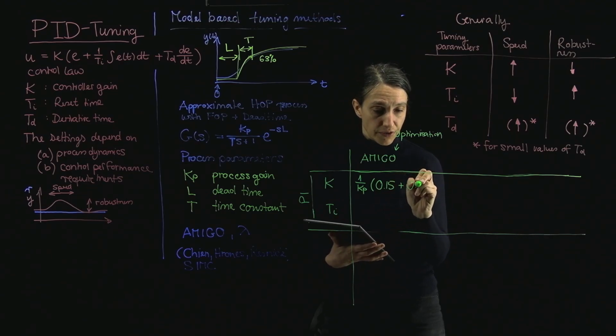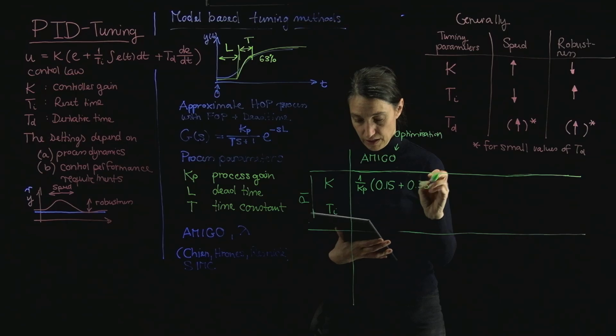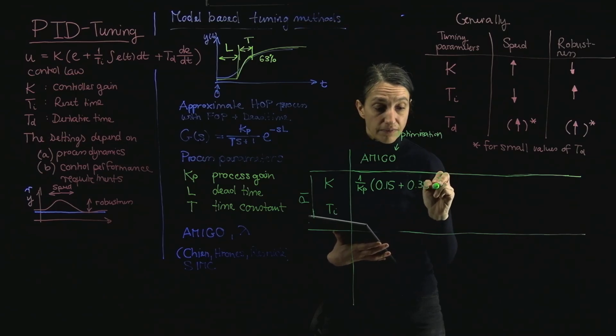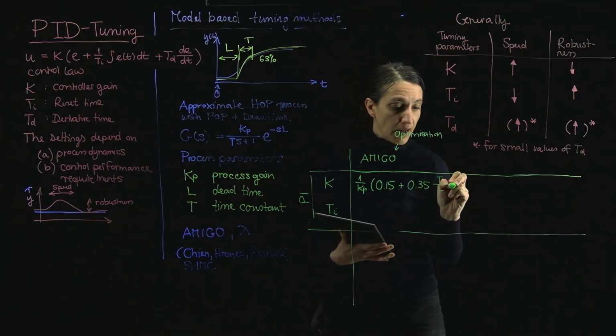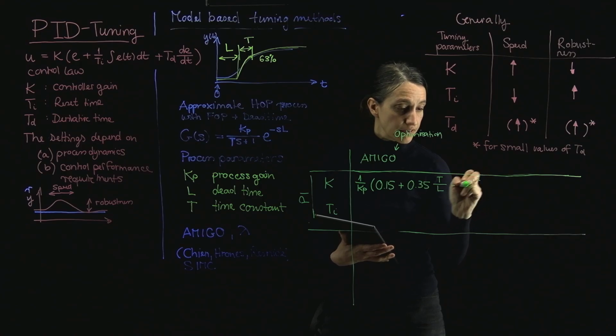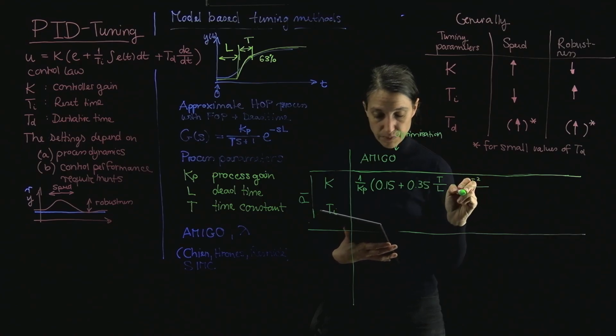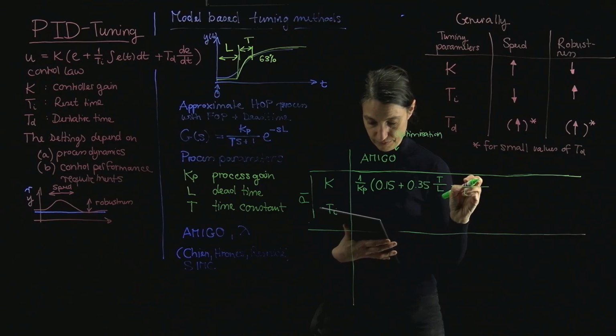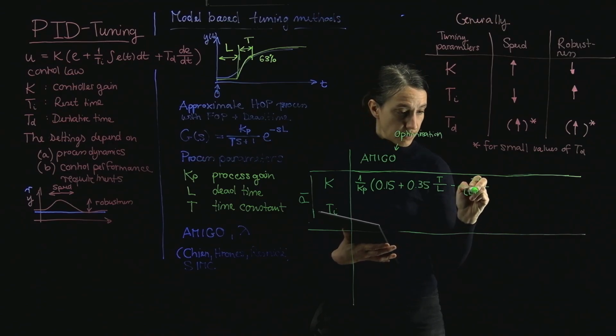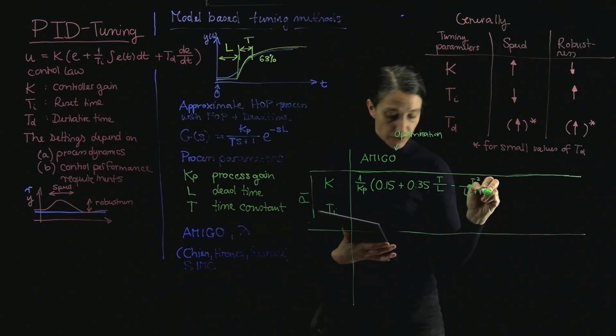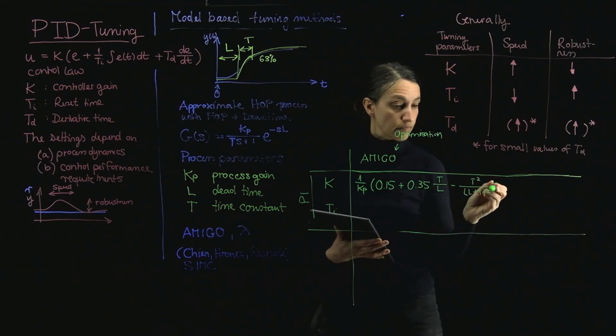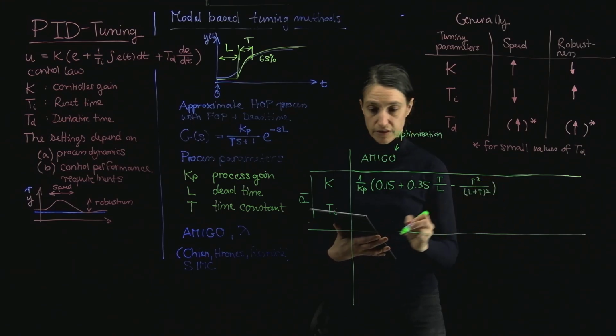K = (1/Kp)(0.15 + 0.35 T/L − T²/(L + T)²). Close bracket.